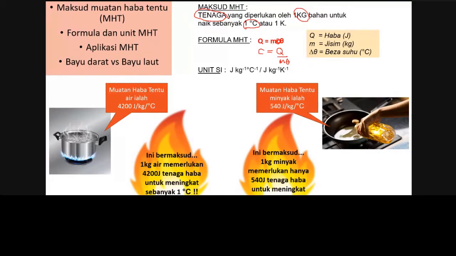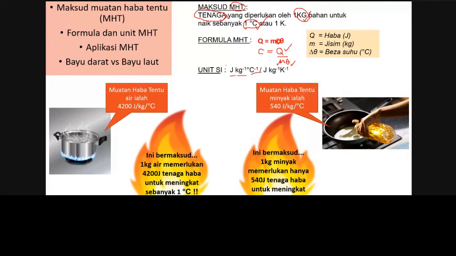Muatan haba tentu ada 3 benda. 1, 2, 3. Because they reflects here. This is the heat ataupun tenaga haba. M is your mass and theta is actually your temperature change. So you kena ada tiga-tiga ni because your definition reflects your formula.